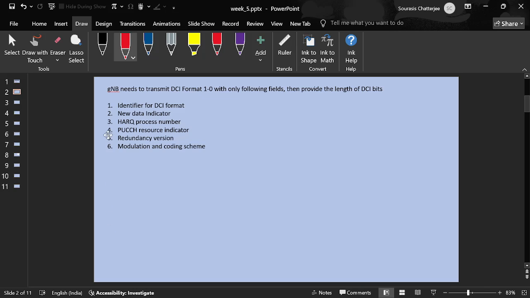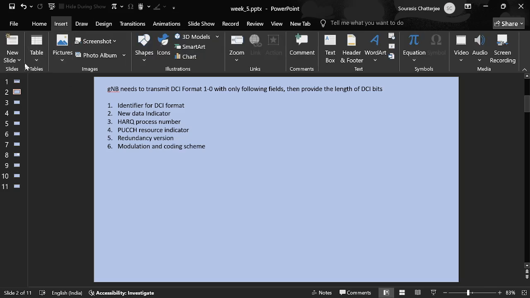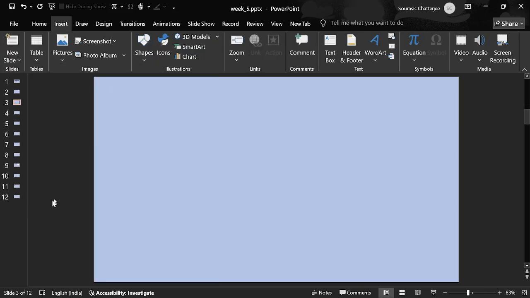So let us get into the content of today's session, which is mostly around the control information. Before getting into answering the questions, can you briefly tell me what is the fundamental difference between the transmission of data or data payload and the transmission of the control channel?